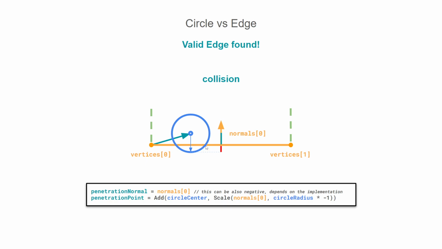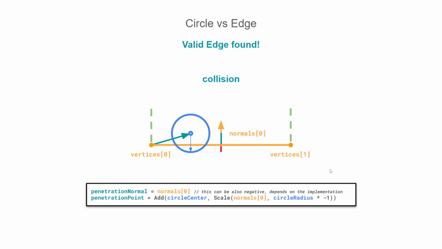But we need to flip it because this direction vector will still point in this upper direction like the normal. So we need to flip it again, and then we can add this direction vector here to the circle center, and then we get the penetration point, which lies exactly here at the end of the arrow. Okay, and this will be our penetration point.